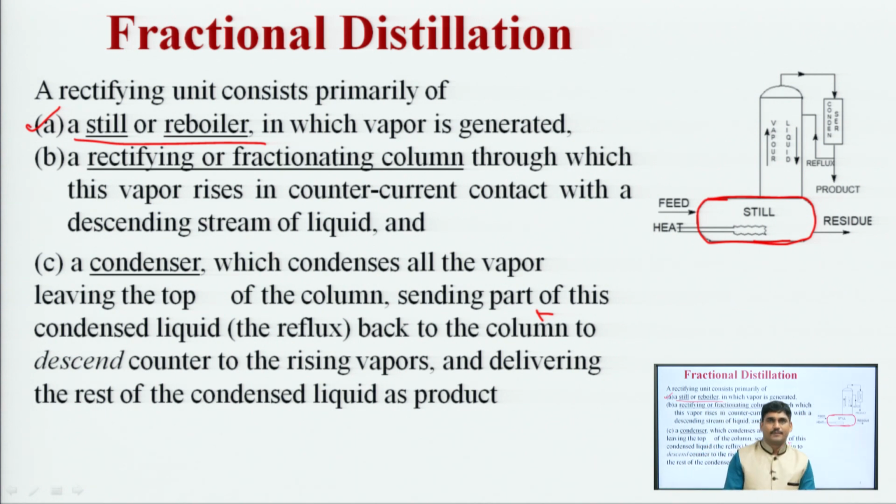feed liquid. The second part of this fractional distillation apparatus is the rectifying or fractionating column. This is the column through which vapor rises in counter current contact with a descending stream of liquid.